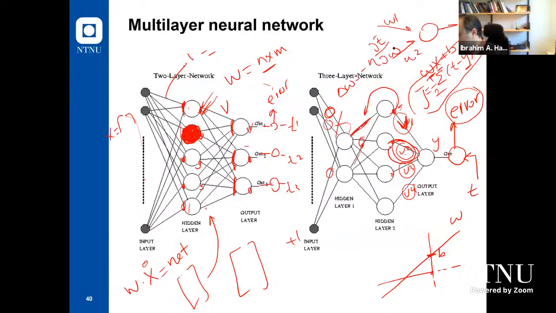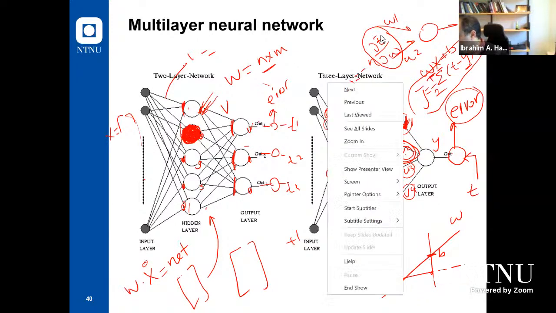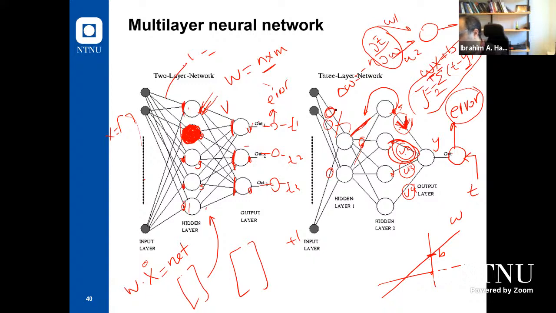So as I told you, Johan, we use this equation all the time, partial E by partial omega. If I want to change V, I need to calculate partial E by partial V. If I want to adjust omega, I need to calculate partial E by partial omega, right? But I cannot come from the back side to the front side directly. In fact, there is no direct connection. I need to go through my neural network.